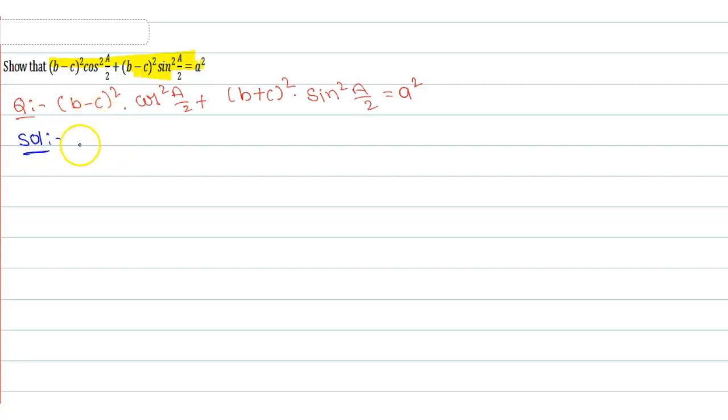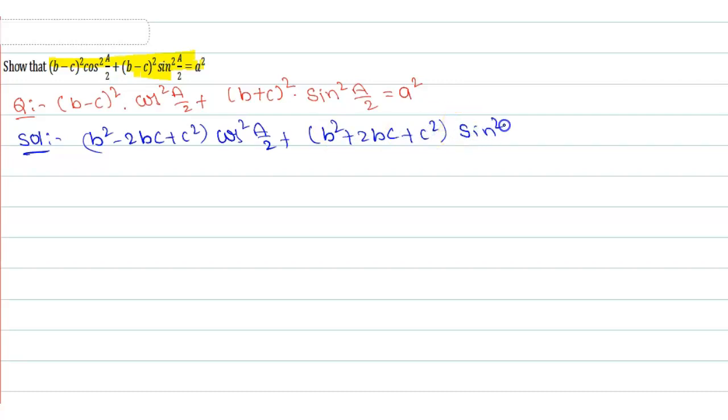So here I can expand the (b − c)² formula: (b² − 2bc + c²) cos²(A/2), plus I can expand (b + c)² also: (b² + 2bc + c²) sin²(A/2). So this one I am splitting like this: (b² + c²) cos²(A/2) − 2bc cos²(A/2).